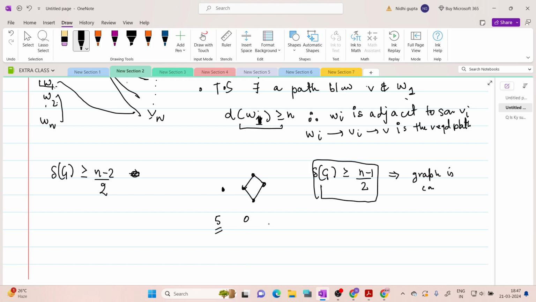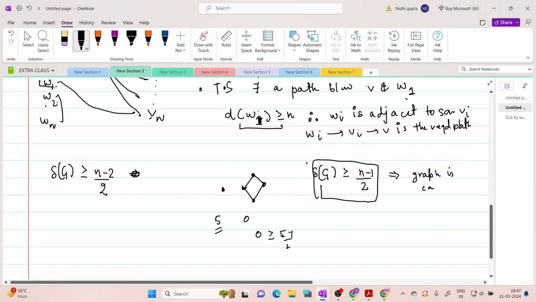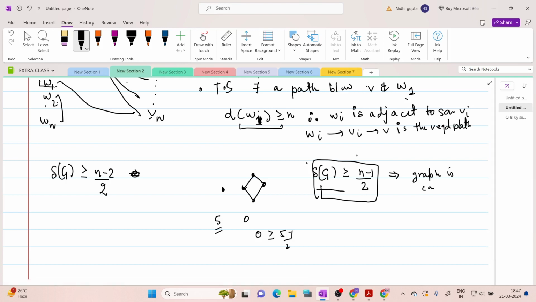Minimum degree is 0 and this condition, 5 minus 1 by 2, is not satisfied. So the second statement is only giving us an answer when minimum degree is greater than or equal to n minus 1 by 2, then we can always say that the graph is connected. But if this condition is not satisfied, then we don't know whether the graph is connected or not.